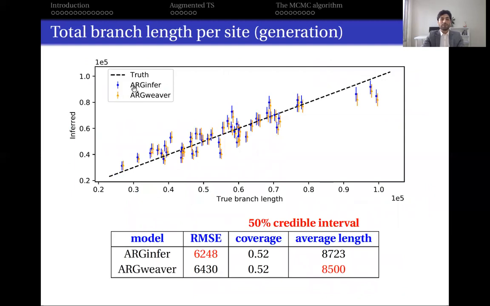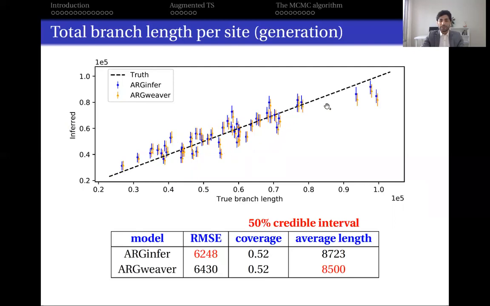The blue color is ARGinfer, and yellow is ARGweaver, and the bars are 50% credible intervals. So we expect about 50% of them to cover the truth here. As we can see, they perform very similarly, and they're nicely floating around the truth.